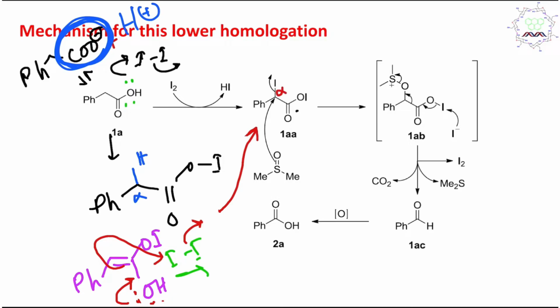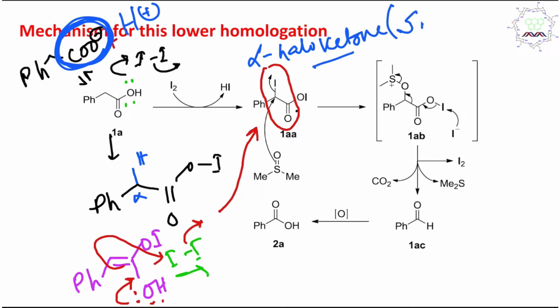Fine. Now if you look at this part a little carefully, you can say, sir, this is nothing but an alpha-halo or iodo ketone, and we know an alpha-halo ketone can undergo SN2 reaction very efficiently, and by the way, I have already discussed a dedicated lecture on this topic. And in this case, who is acting as a nucleophile?